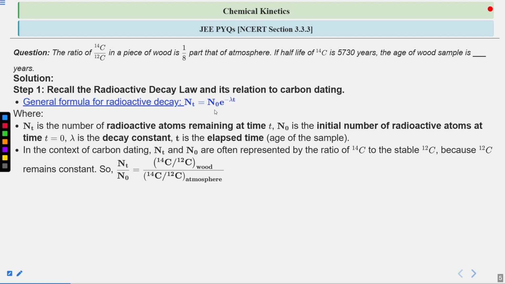Every variable in this equation defines a term like Nt, N naught, lambda and t. In the context of carbon dating, Nt and N naught are represented by the ratio of 14C to the stable 12C. C is carbon. So we can write that Nt by N naught ratio is equal to the 14C to 12C ratio in the wood to the atmosphere.